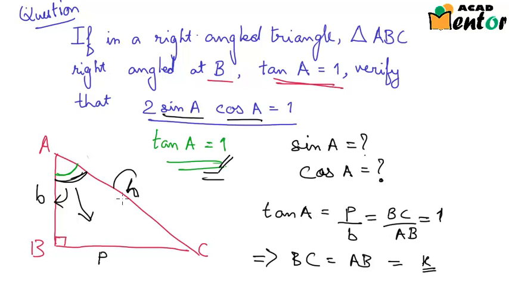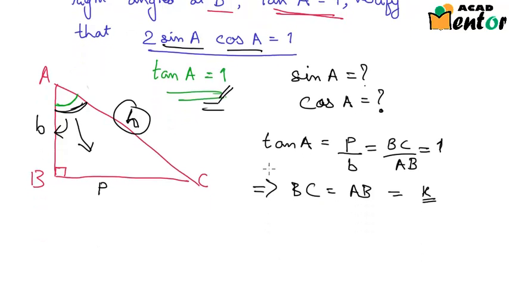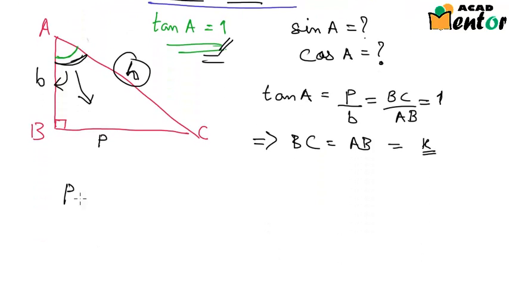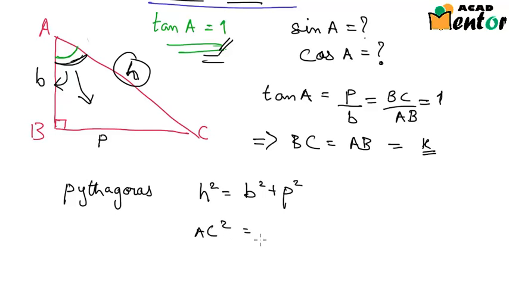So can we find out the value of H? Yes. By the Pythagoras theorem, we have hypotenuse square is equal to base square plus perpendicular square, or AC square is equal to AB square plus BC square.